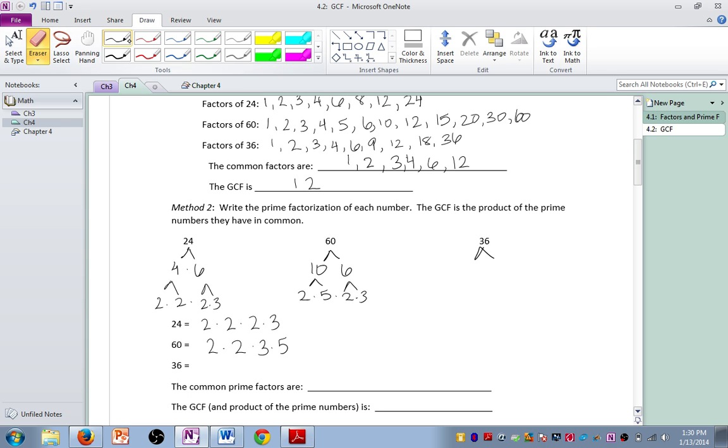And when I'm factoring out 36, I get 2 times 2 times 3 times 3. Remember to always list your prime factors in numerical order from smallest to largest. But when I'm using the prime factorization to find GCF, I do not use exponents.